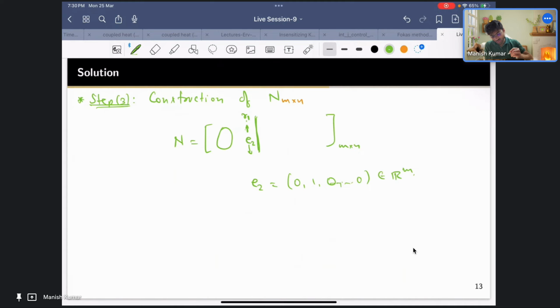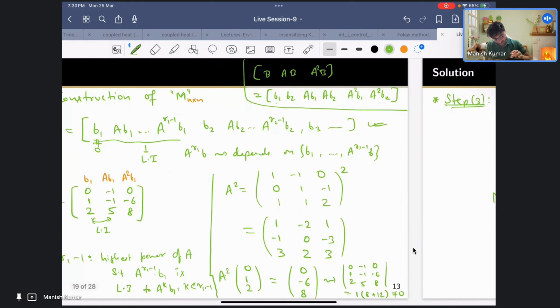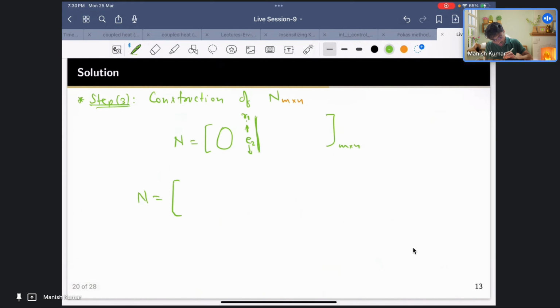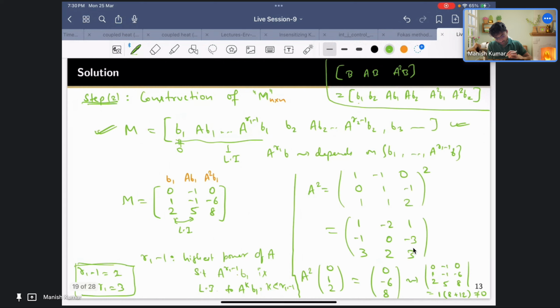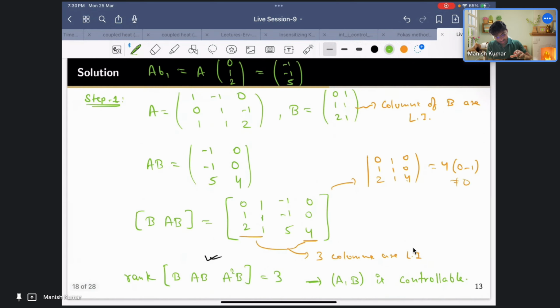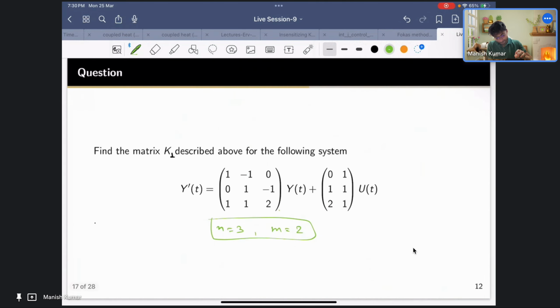Okay, so over here, for this matrix N, R1 is 3, so this is the first column, second column, third column. At the third column I will put E2. So over here you see M is 2, right? M is 2.